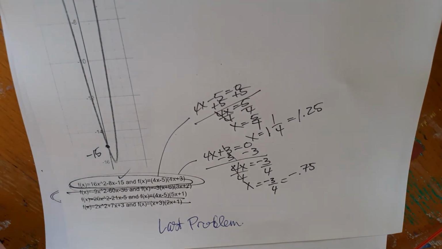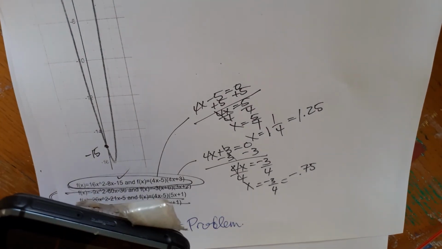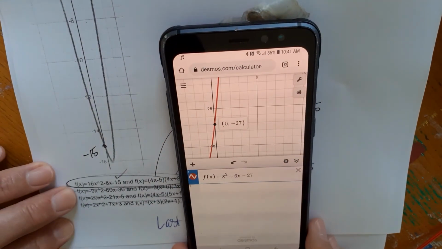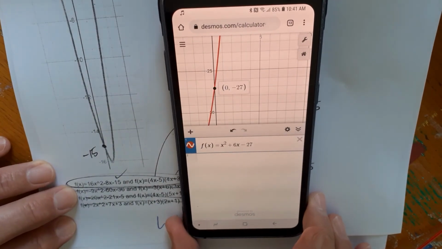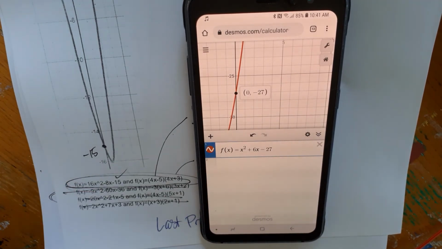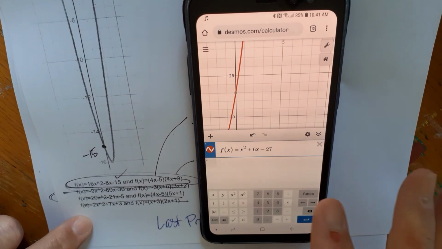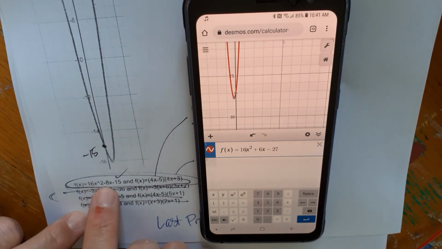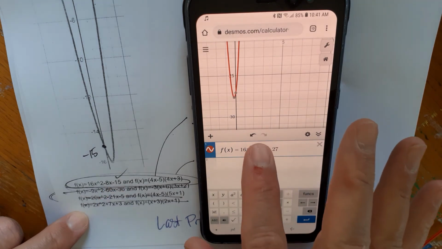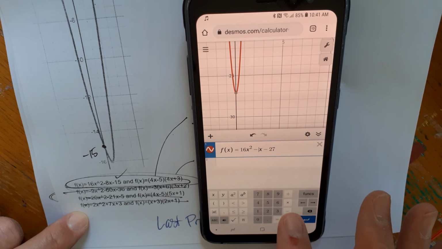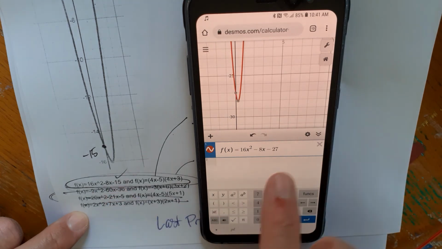All right, and maybe one last thing to show you. I know we plugged one of these problems into Desmos. Let's do another right here. Let's put 16x squared minus 8x, and I'm modifying the one that's already in there, minus 8x minus 15.